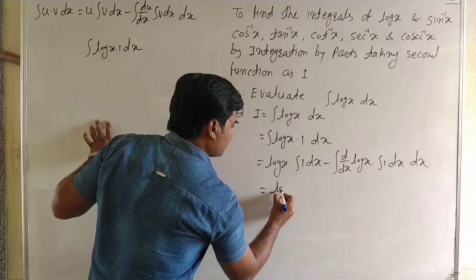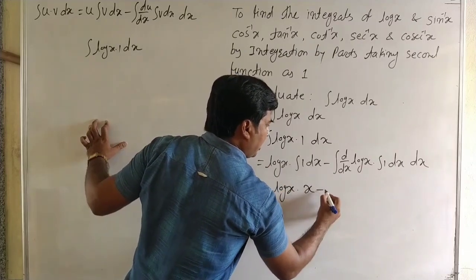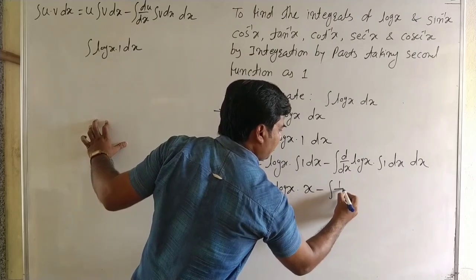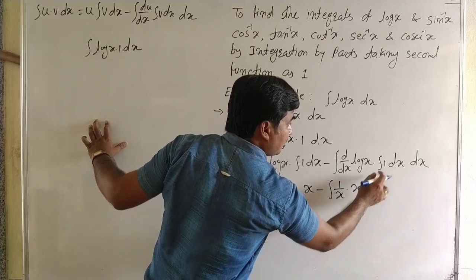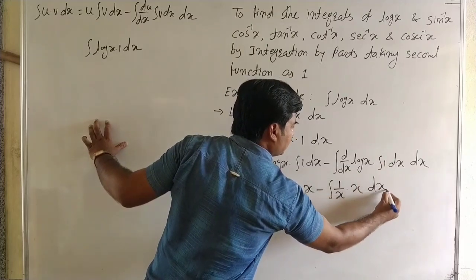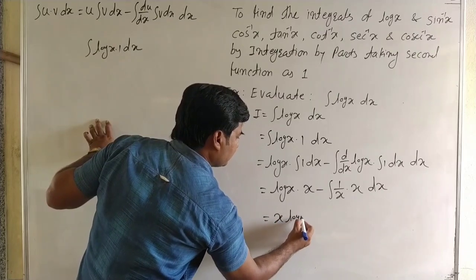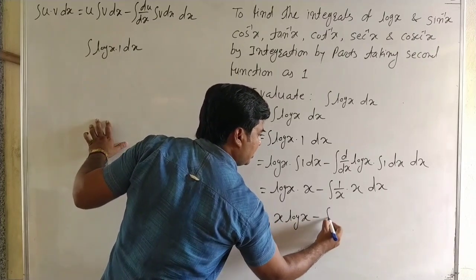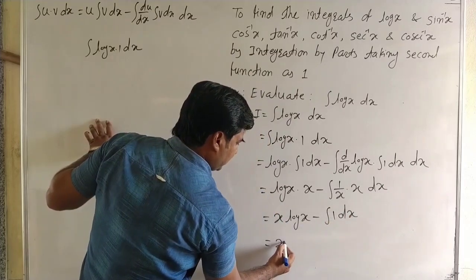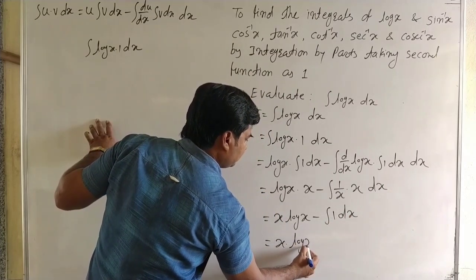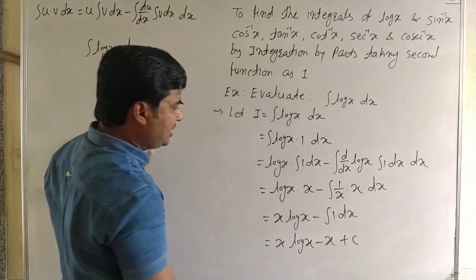Here it is log x into x, minus integration of 1 by x into x, where 1 by x is the derivative of log x and x is the integral of 1 dx. Then we write x log x minus integration of 1 dx, which is x log x minus x plus c. This is the integral of log x.